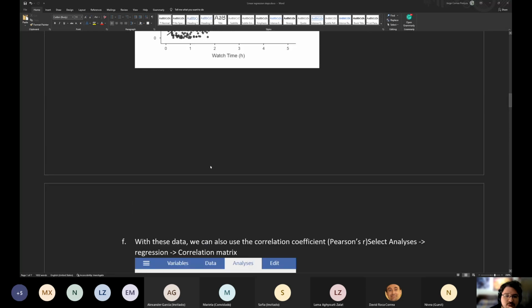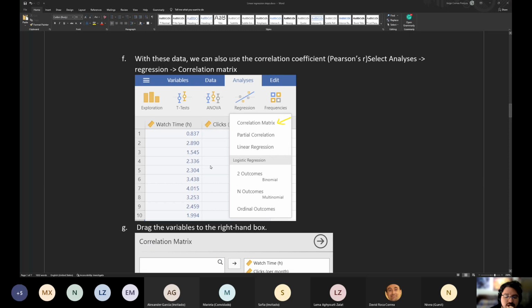But now that we are convinced that the relationship of these two variables is linear, and we can do this for any two variables that are continuous, we can use the correlation matrix tool inside the regression tool set in analysis.